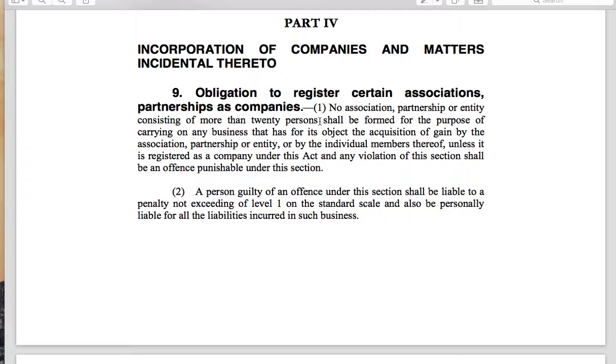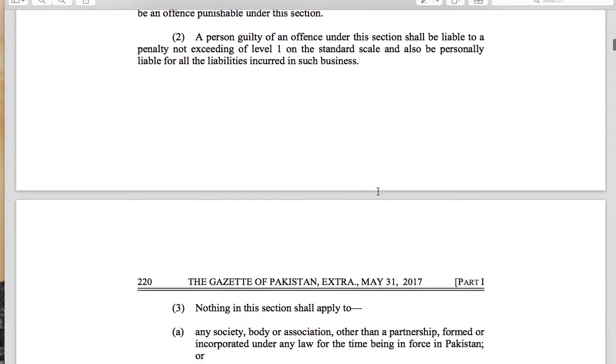So you needed a standard law which regulated businesses with large ownership. So if you have a partnership business and you become more than 20 persons, then you have to incorporate that association, that partnership business, as a company.